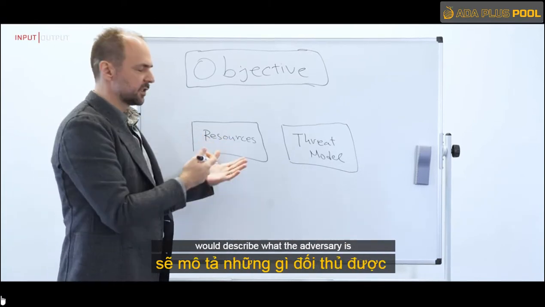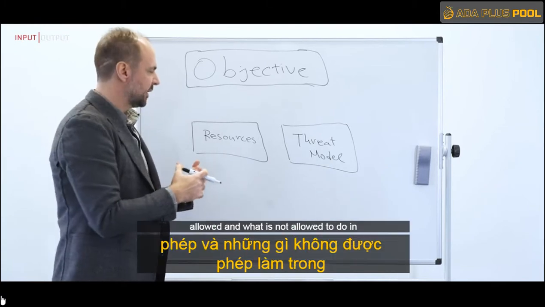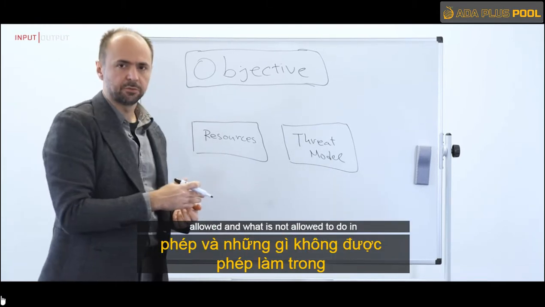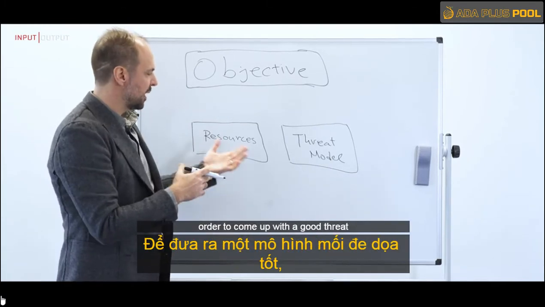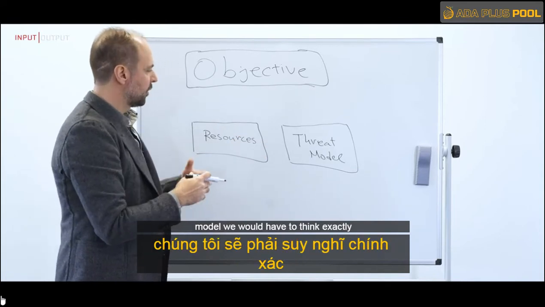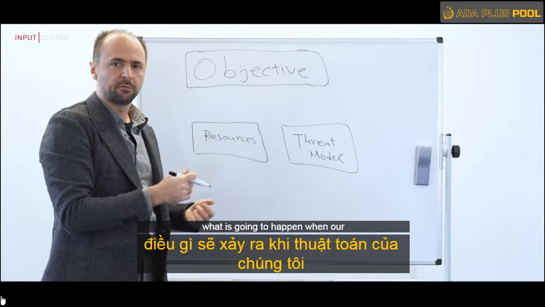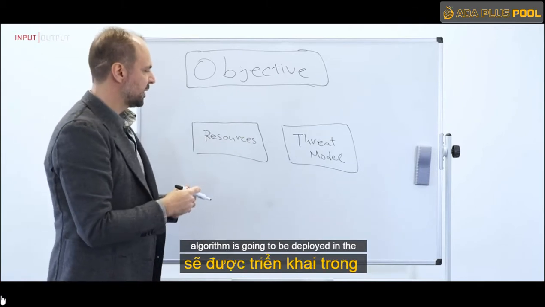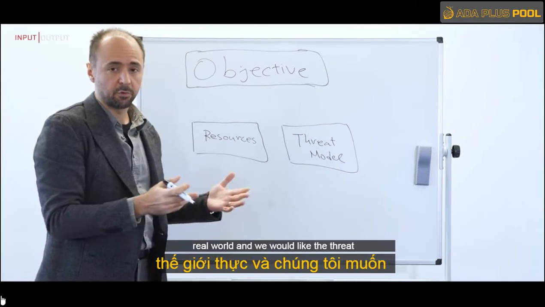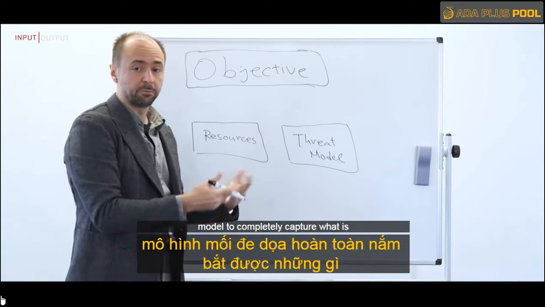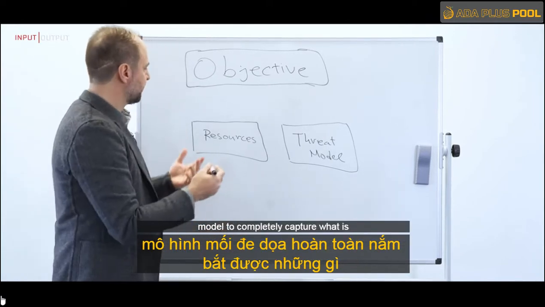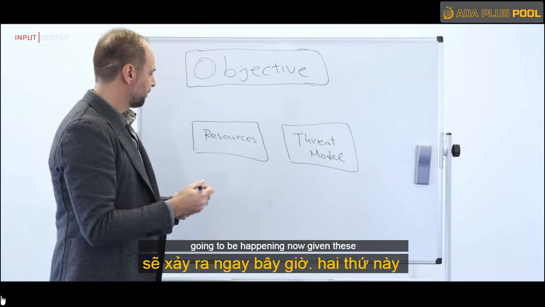And the threat model would describe what the adversary is allowed and what is not allowed to do. In order to come up with a good threat model, we would have to think exactly what is going to happen when our algorithm is going to be deployed in the real world. And we would like the threat model to completely capture what is going to be happening.